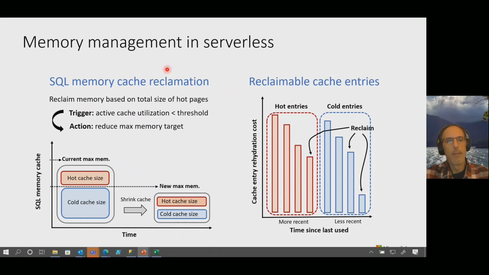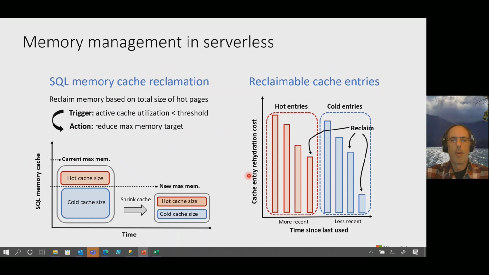And if that ratio, that active cache utilization, is below threshold, representing some decrease in the amount of useful memory that's allocated, we'll then begin to initiate a series of resource reclamation steps.